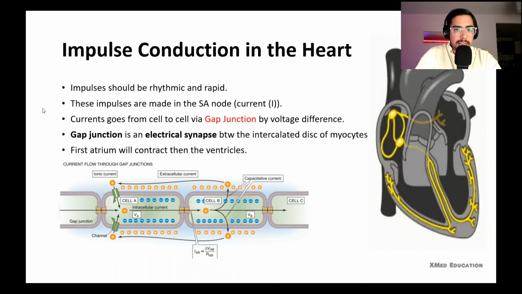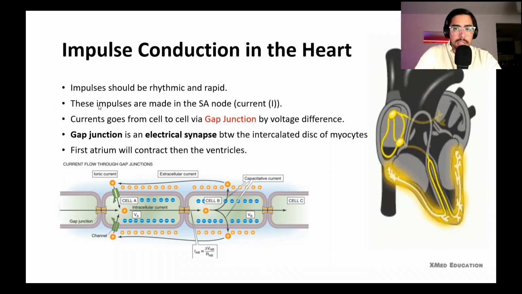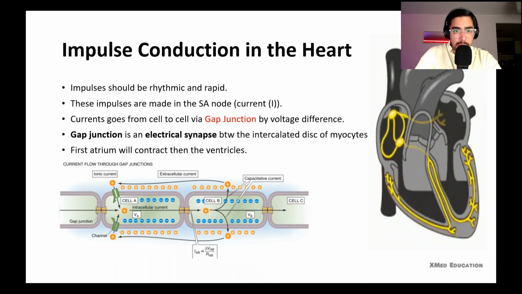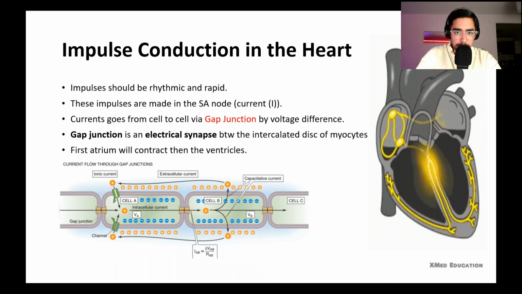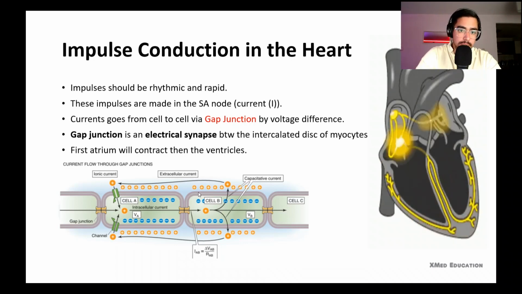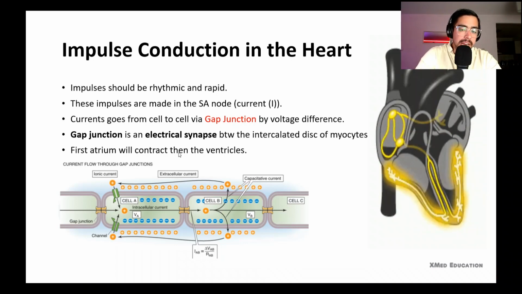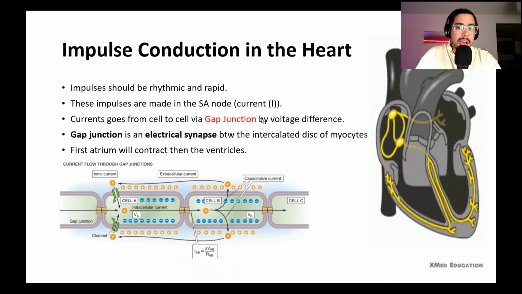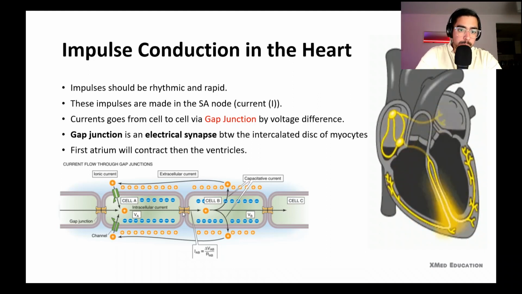And how they actually work, as I explained about the action potentials, these action potentials should go from cell to cell. This pattern needs a gap junction, which is between the cells.